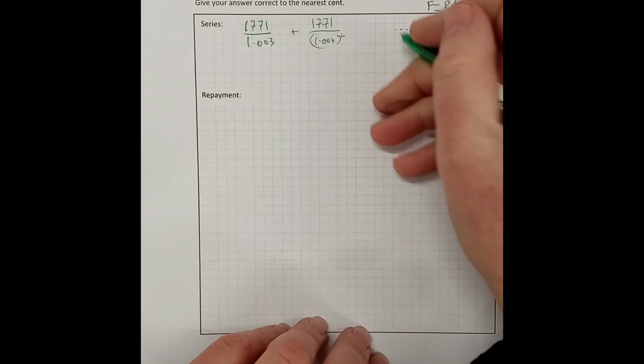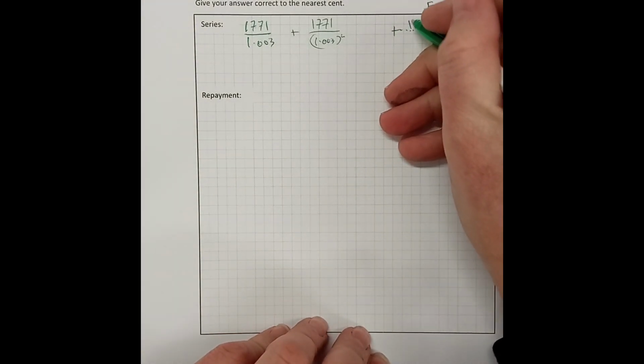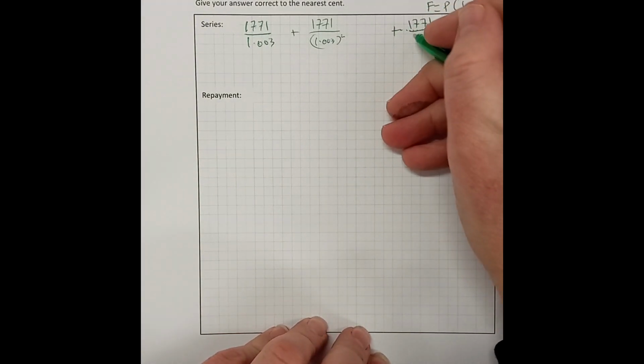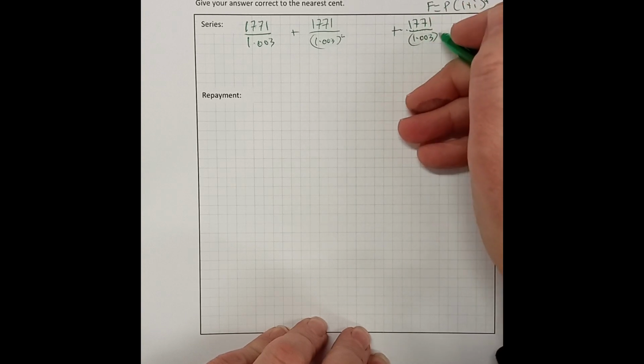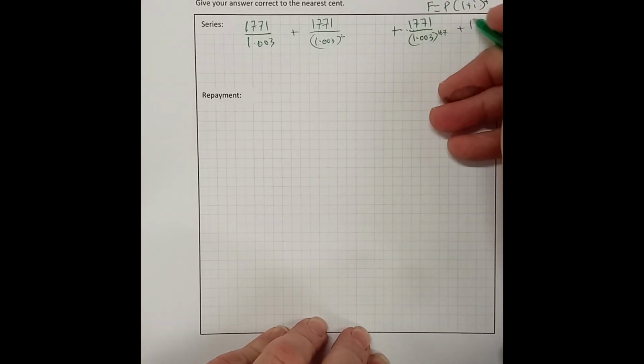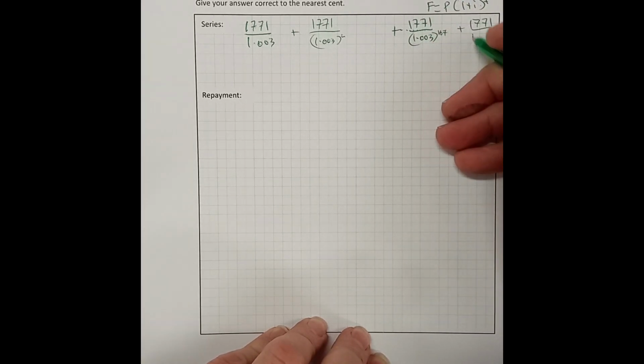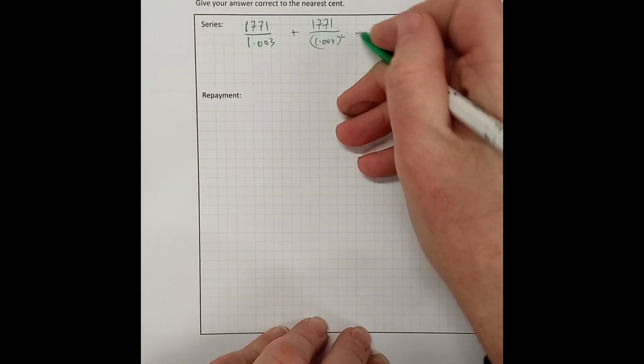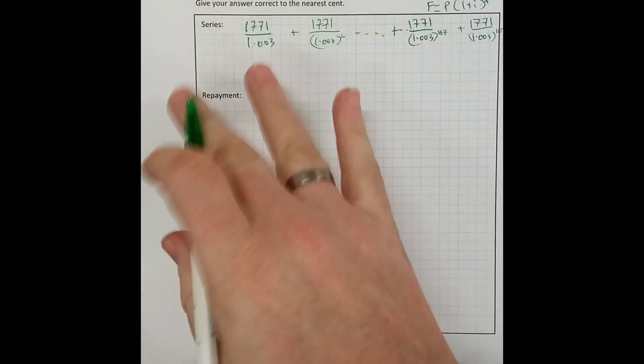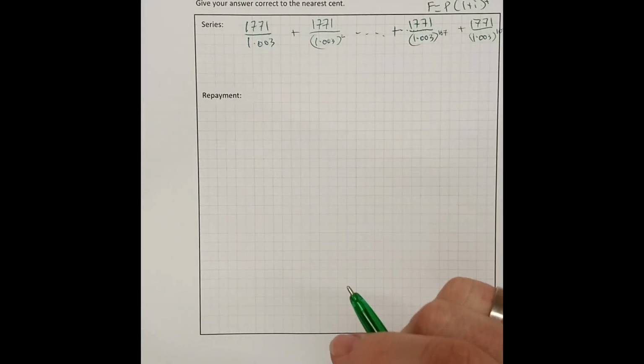168. So I need to write down the plus 1771 over 1.003 to the 167 plus 1771 over 1.003 to the 168. So there you have the first two and the last two of the remaining 14 years.